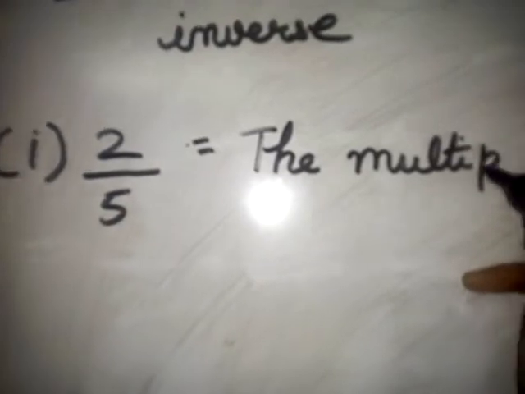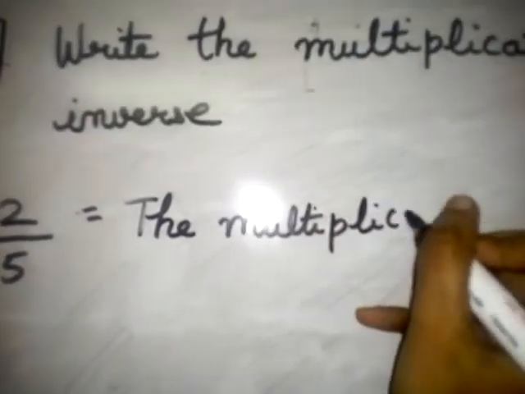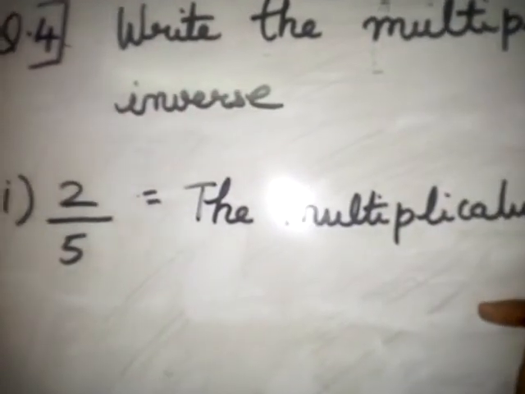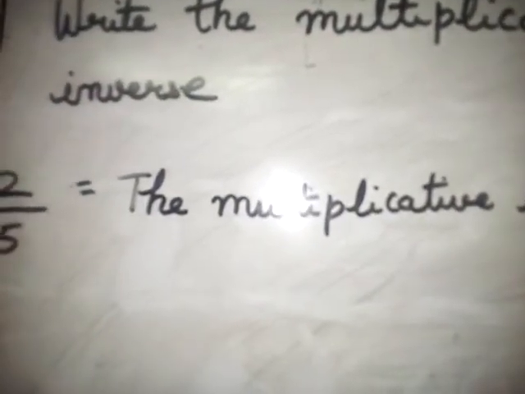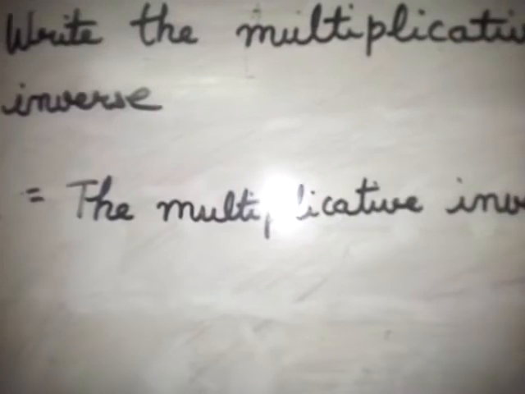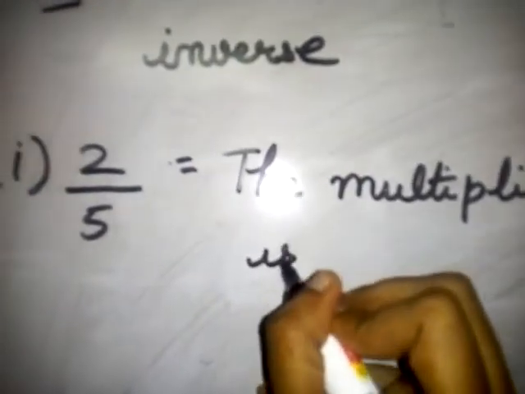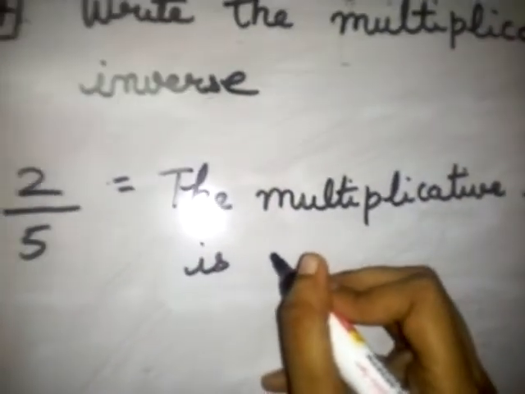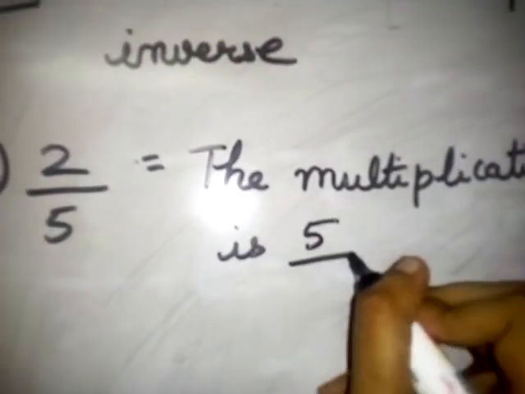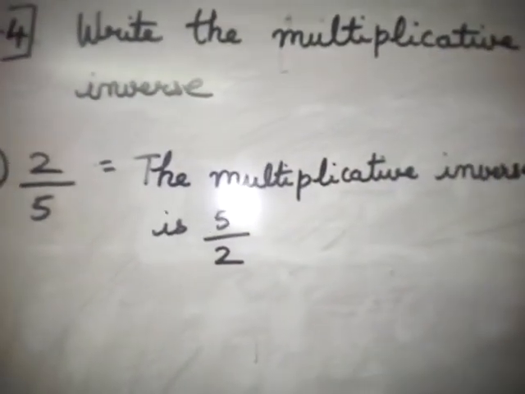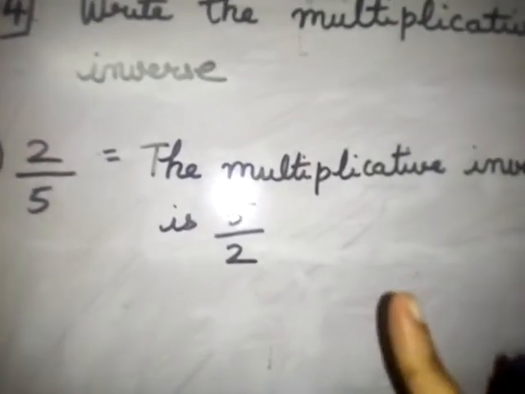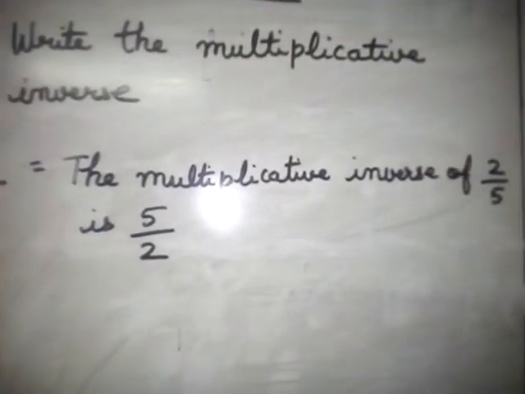The multiplicative inverse of 2 upon 5 is 5 upon 2. Remember this point, multiplicative inverse means reciprocal.